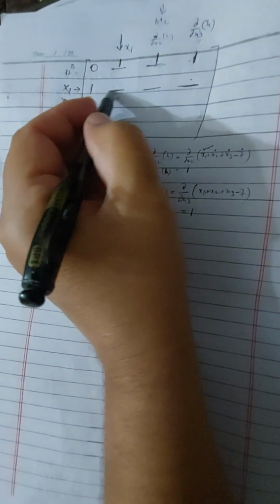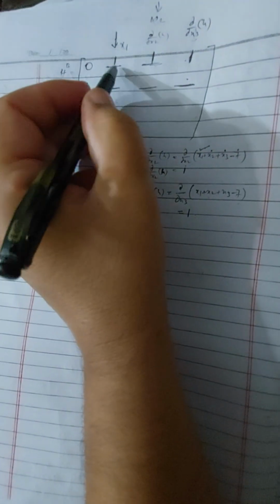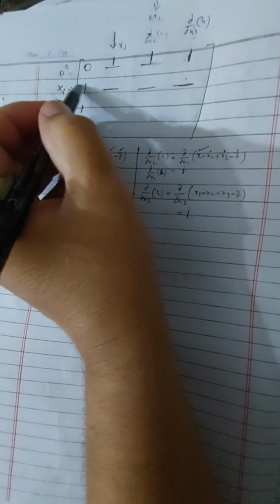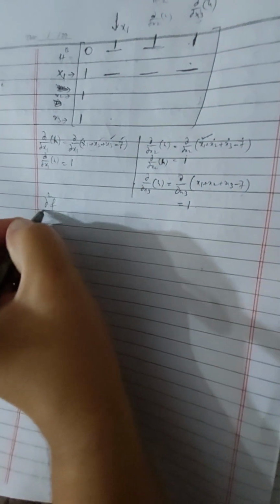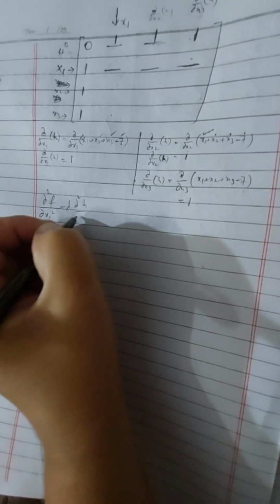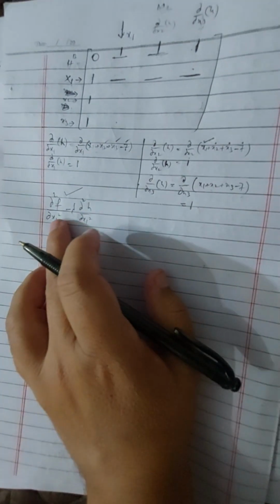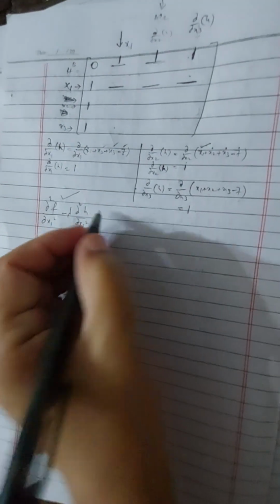So now we need to find this element. So this is x1 column and x1 row. It means that we need to find both order derivatives with respect to x1. So we need to find this thing. Both order derivatives are with respect to x1.